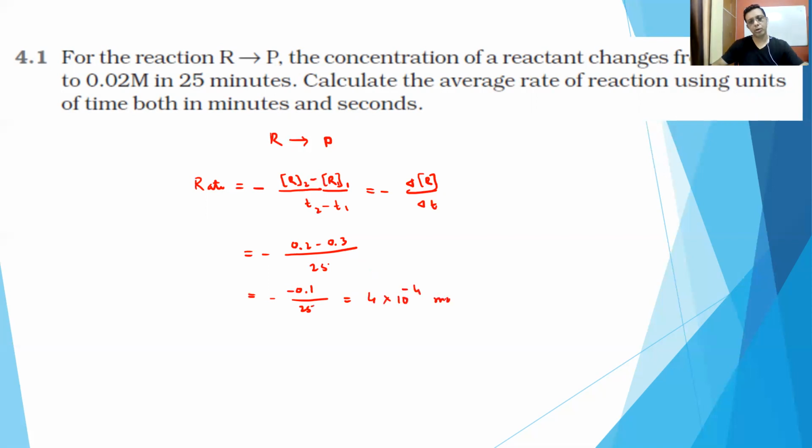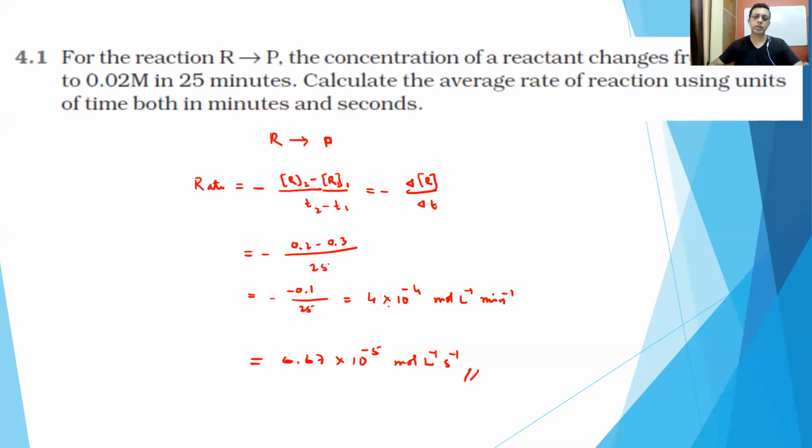Unit will be mole per liter. Time is given in minutes, so mole per liter per minute. Now when you convert it to mole per liter per second, it will become 6.67 into 10 to the power minus 5 mole per liter per second.